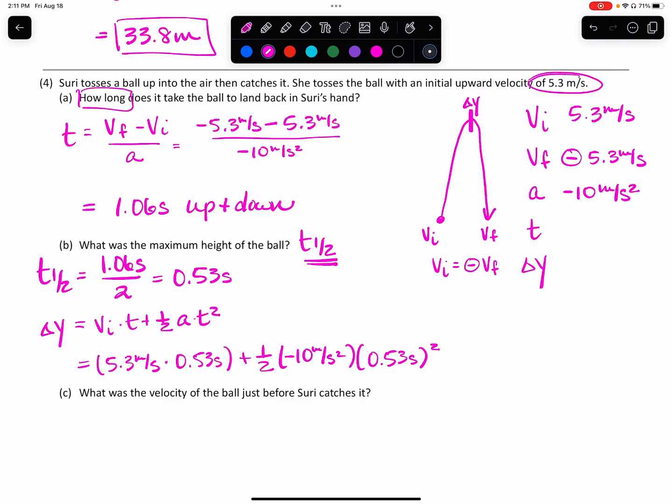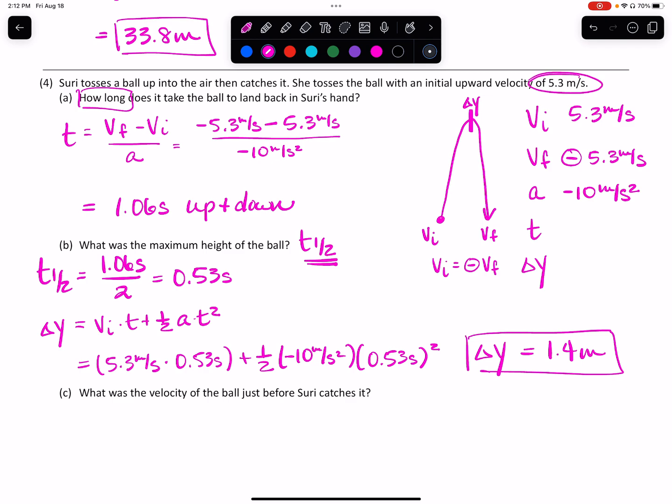I plug everything in and I find that the change in position, or the maximum height, is around 1.4 meters above where I threw it. Now if you plug in 1.06, you're not going to get the right answer. So please make sure that when you're asked anything about maximum height for an up and down problem, use the half time, don't use the whole.